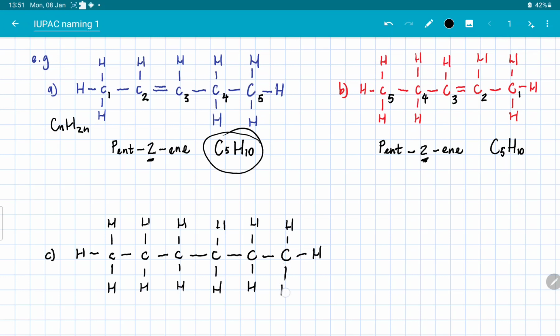So, if you look at my chain and recognize rule number 1, recognize the functional group. There are single bonds between the carbon atoms in this molecule. That makes this molecule an alkane. And the longest continuous chain is going to be the straight chain here, because I don't have substituents thus far, and I don't have any special functional groups here.